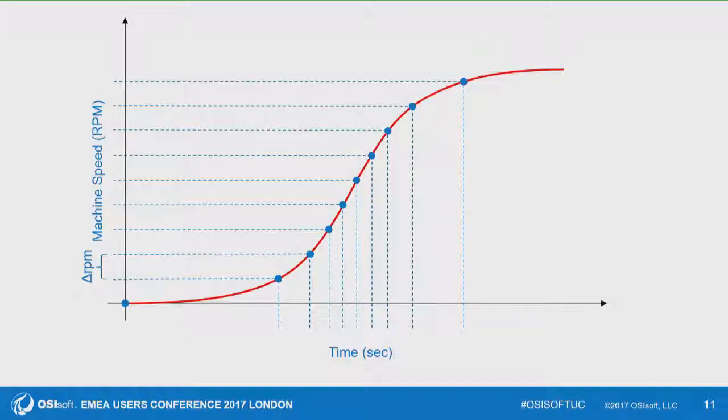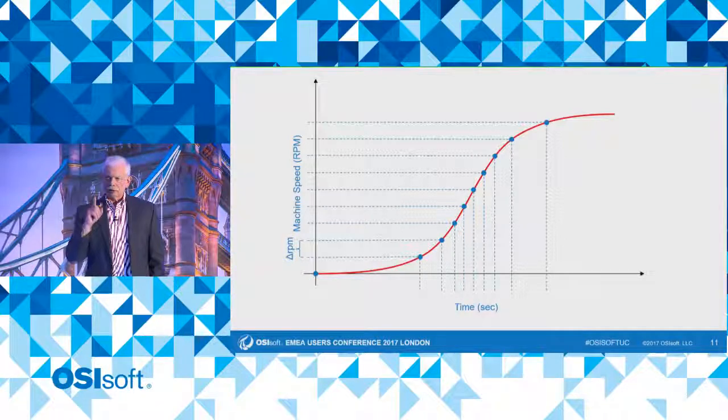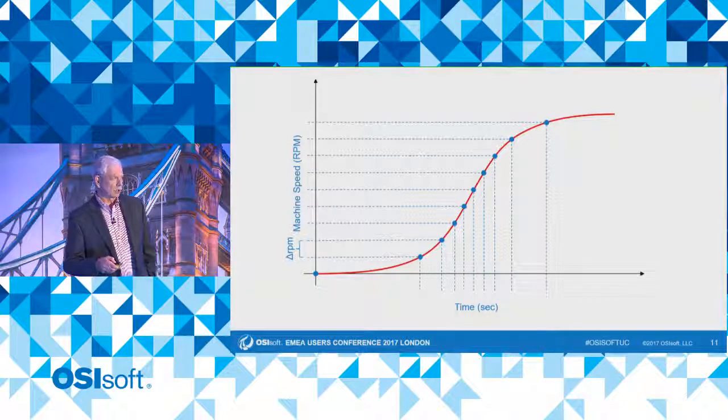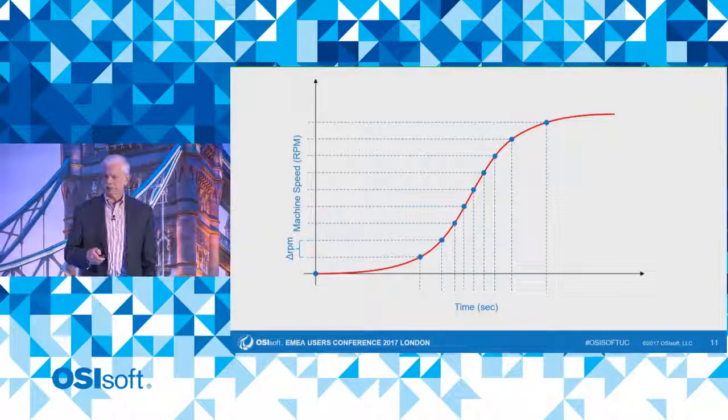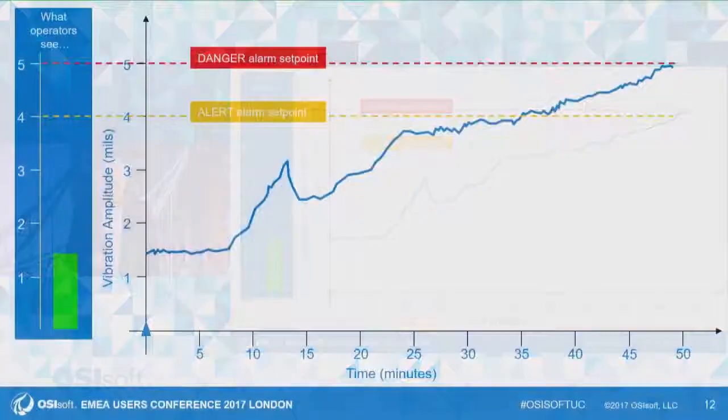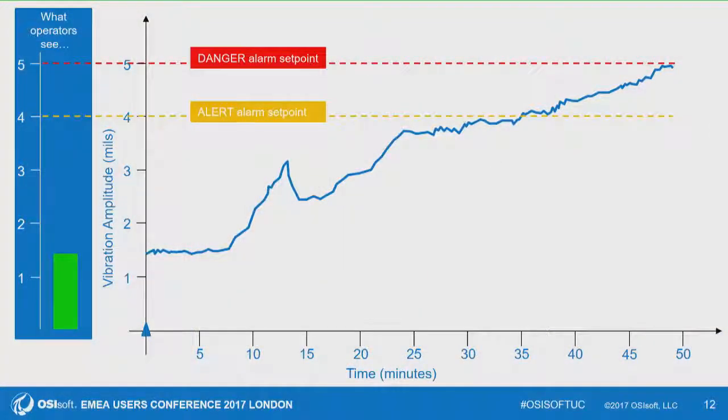Competing systems basically have only one other mechanism by which they can store data, and that's called an alarm buffer. In theory, an alarm buffer sounds like a great idea, and it looks like this. Here's a bar graph. This is what operators would see. Let's say that we move forward in time about 25 minutes. Now our vibration has more than doubled.